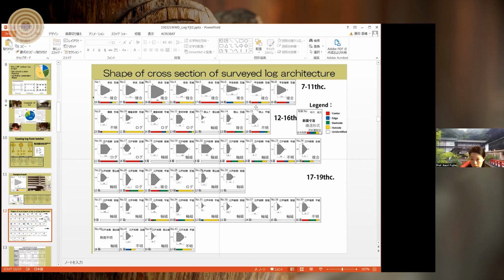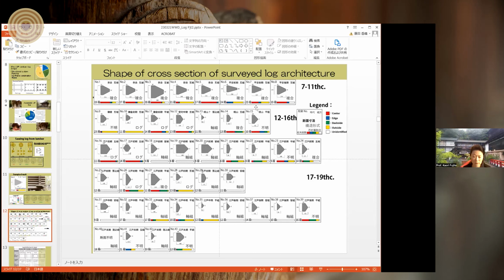From documentation, we know that in the 13th to 14th century, the saw for vertical cutting was imported to Japan. Before this, there were these saws in China, but we do not have documents or evidence that it was used in Japan.